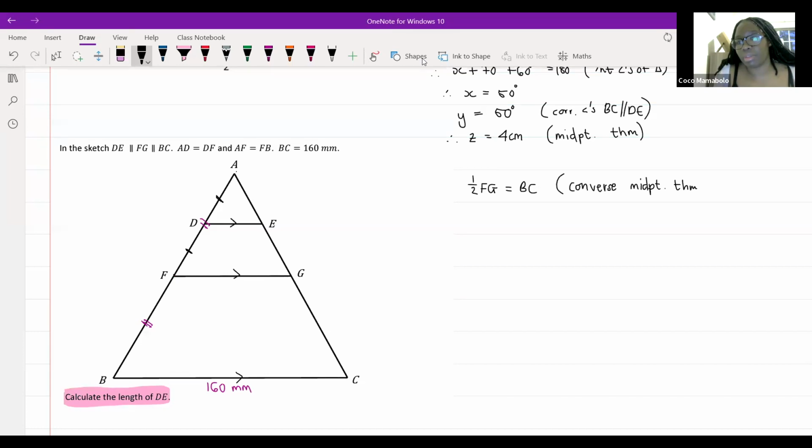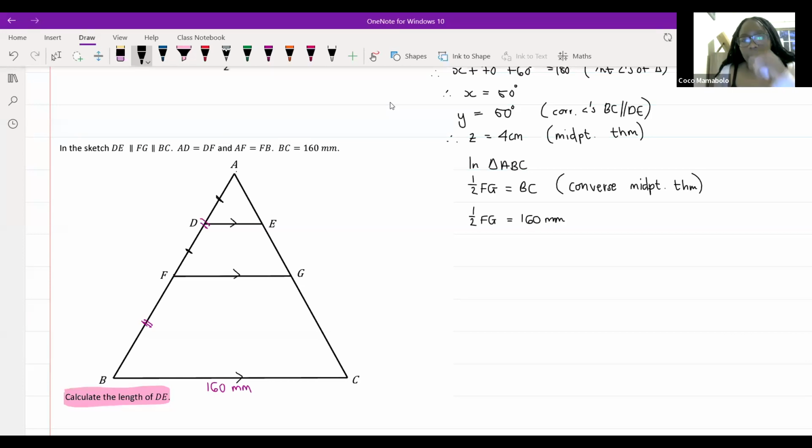In fact, we could have started by saying in triangle ABC, because we're using the big triangle at the moment. And later on, when we have the answer for FG, then we can use the smaller triangle to find DE. So I know that half of FG is equal to, we've been told that BC is equal to 160 millimeters.